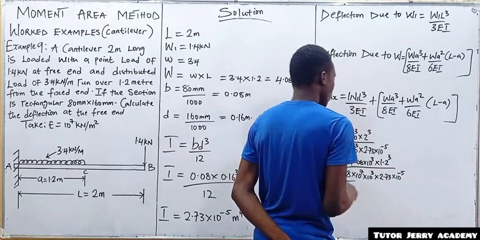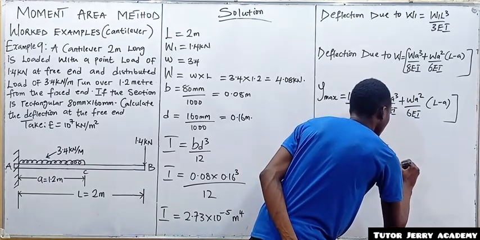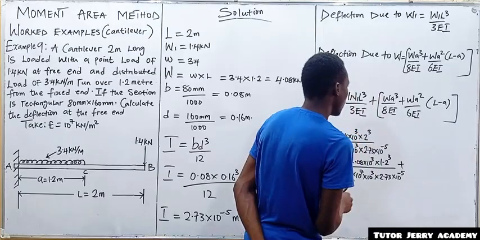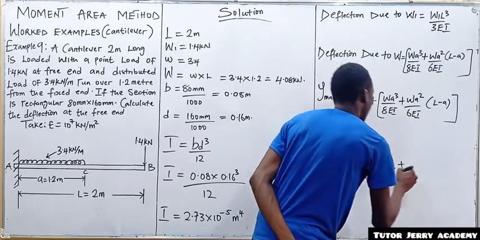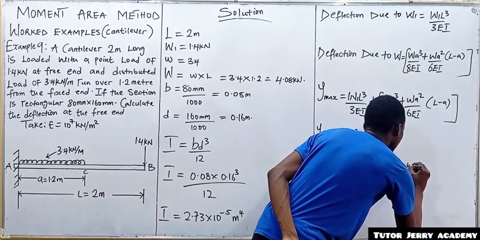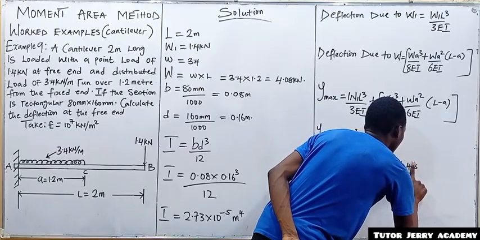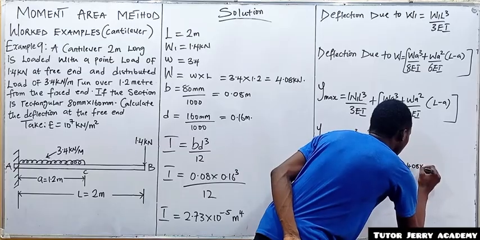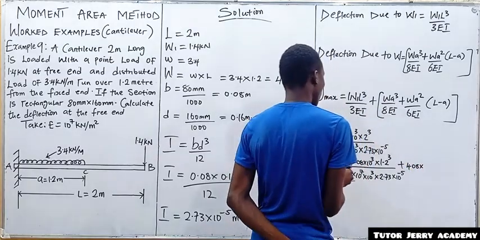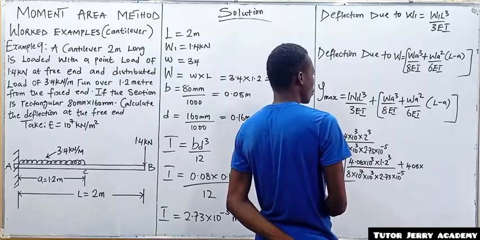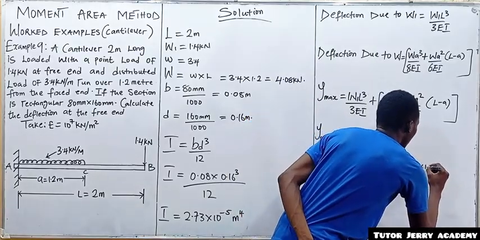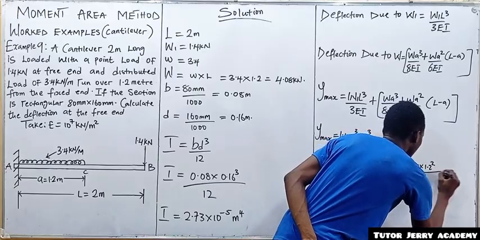All right, this is plus W. We have 4.08 times A square, which is nothing but 1.2 square. All right, what do we have?